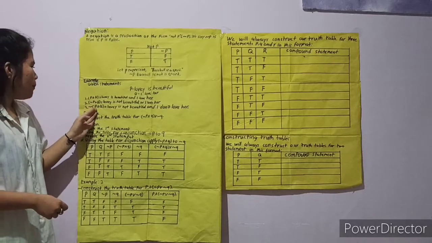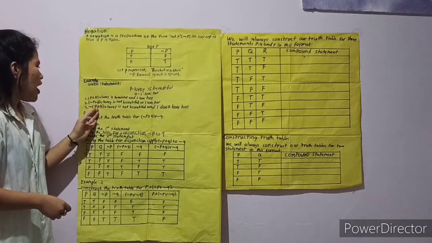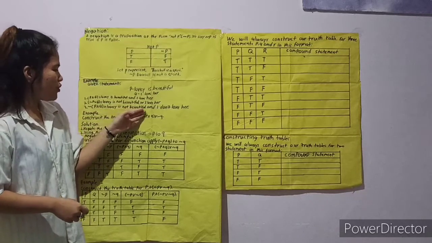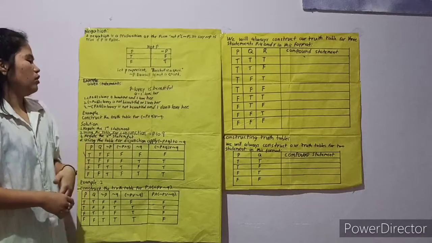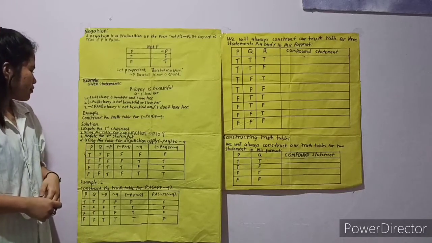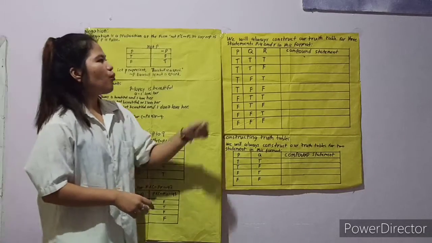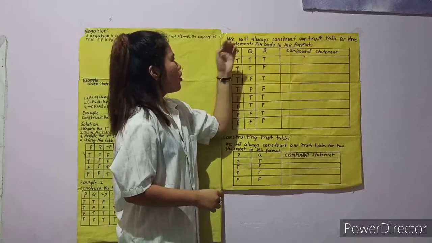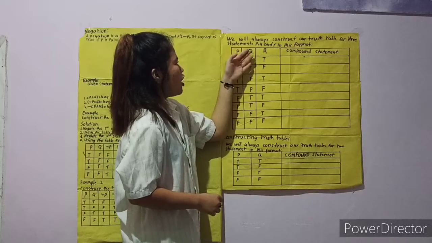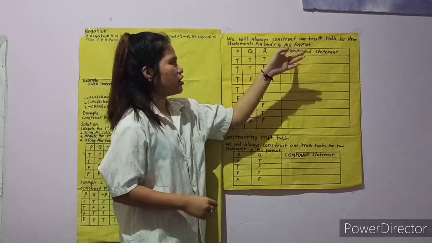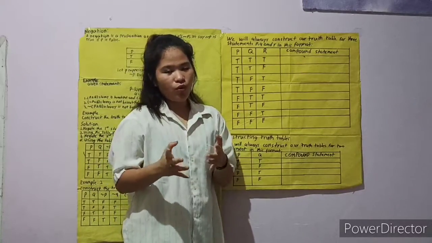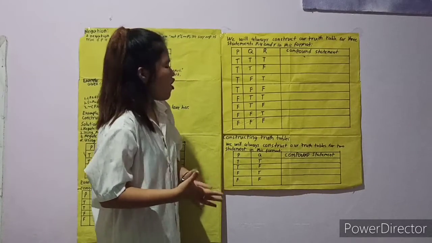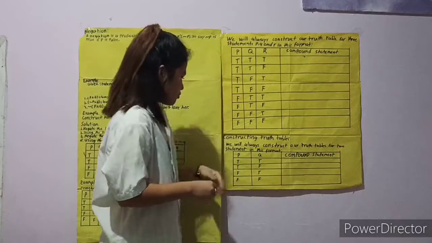Negation, P and Q, and lovely is not beautiful and I don't love her. We will always construct our truth table for three statements, P, Q, and R in this format. But now, we have to use this statement for only two.